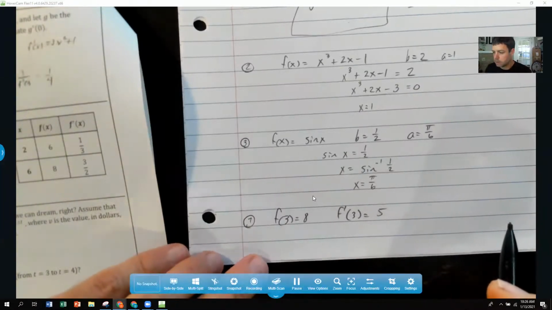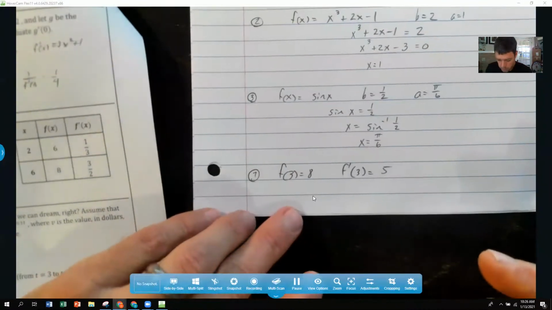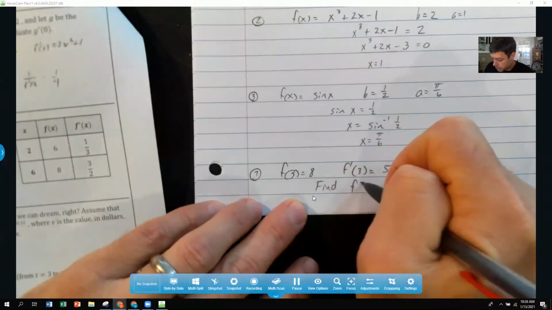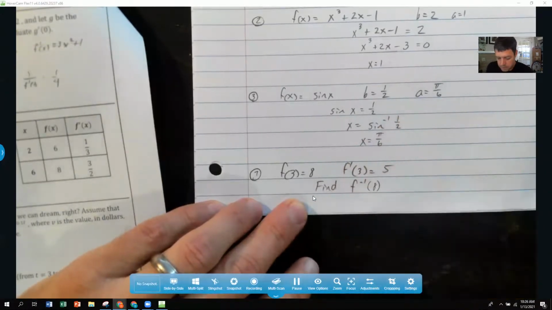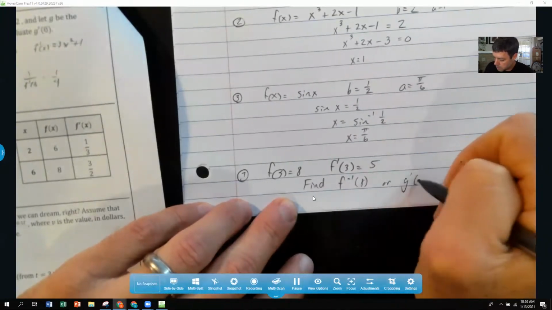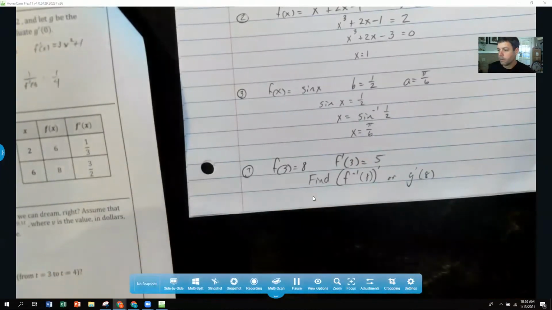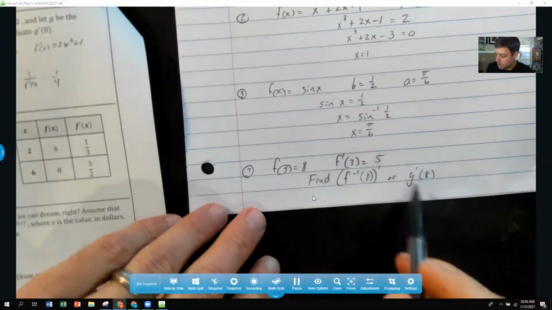That is too vague of a question for me. So I'm just going to ask you to find f inverse of 8, or g prime of 8. Okay. So use the information that you have here to do that.